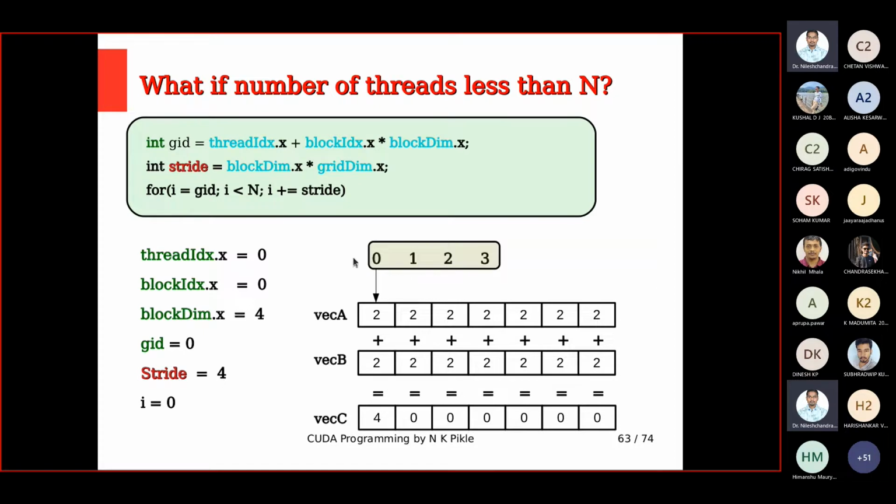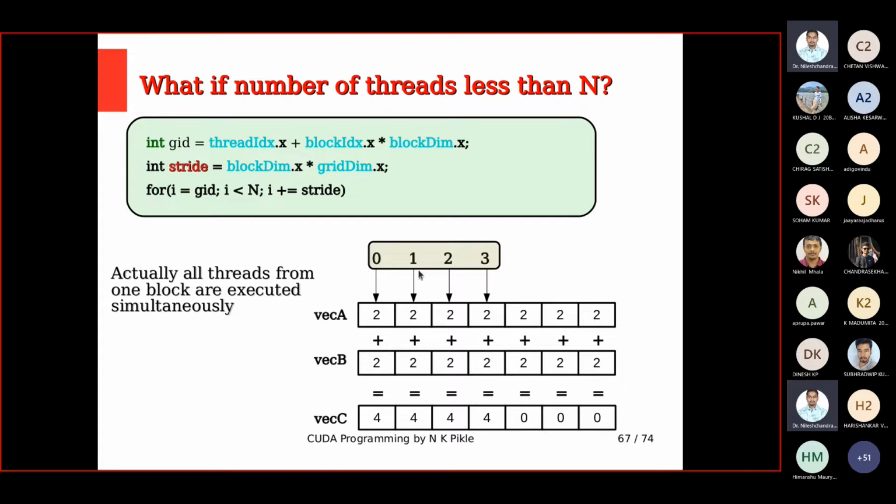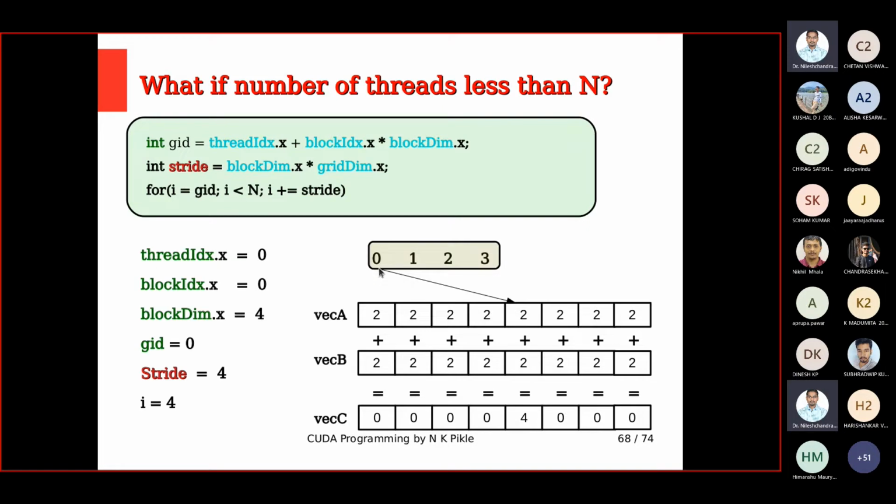If you use the normal strategy, then thread 0 will perform addition of the 0th element, thread 1 the first element, then the second, the third element. Here we have fewer threads and more data points. In that case, we can assign thread 0 to perform its corresponding work based on its thread ID, and next we can assign the same thread 0 to perform work on this element.